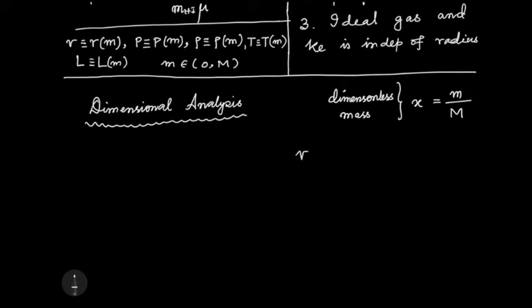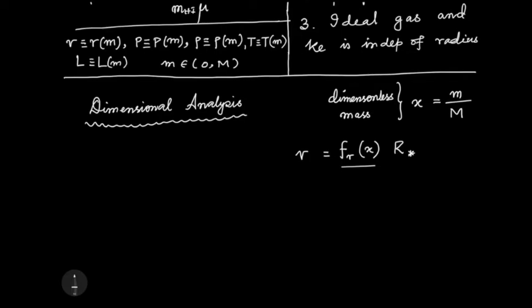Once I do that, I can say the radius of the star, which is a function of m, I can write instead of m in terms of x. And the radius of the star is the one which I will use to make this radius dimensionless. So I define a dimensionless radius f_r, which will depend on x, such that I can write r equals f_r times R star. So f_r is a dimensionless quantity. That is important.